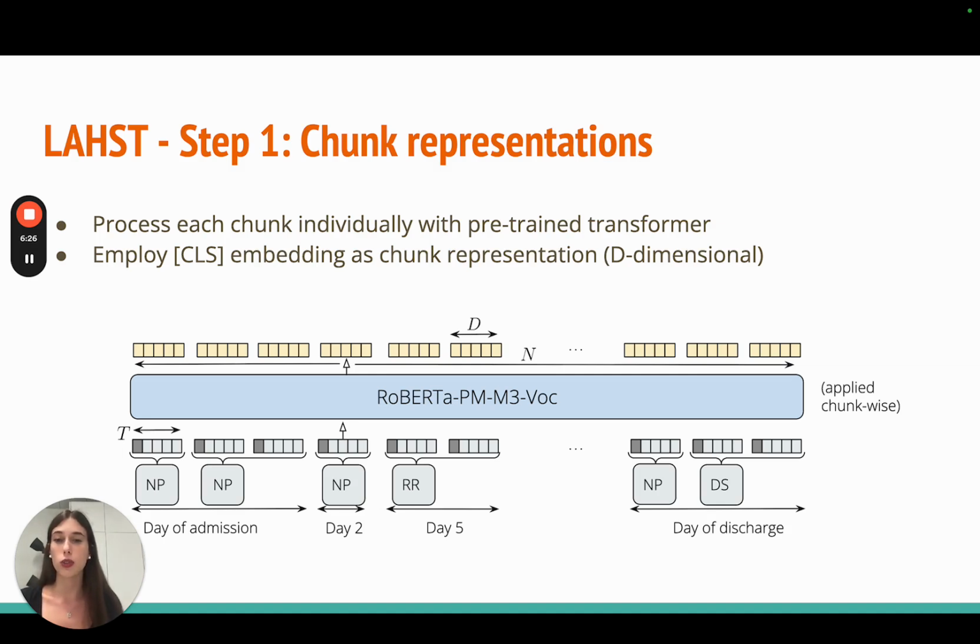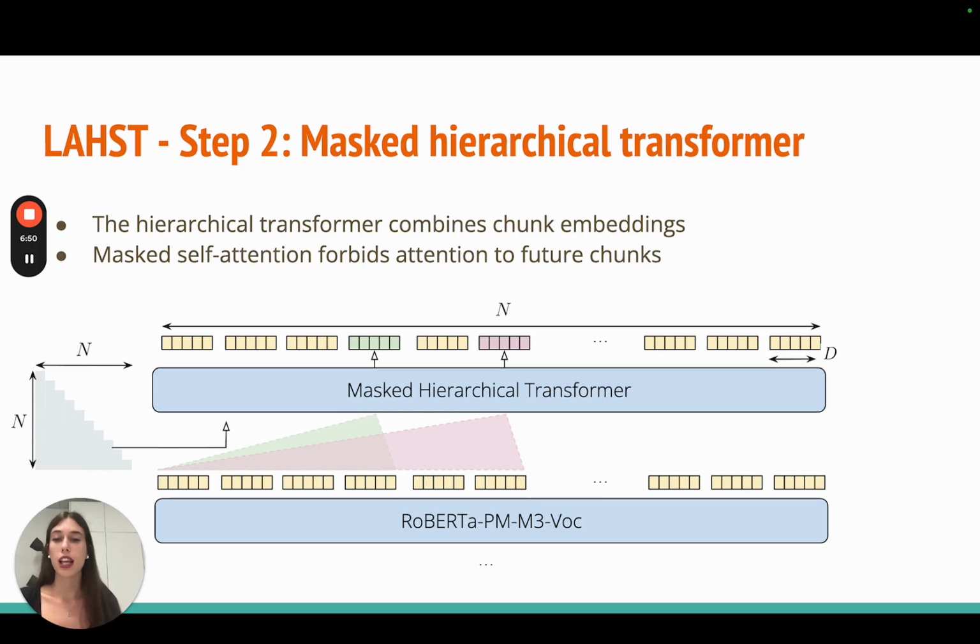Each of these nodes is split into chunks of equal size t, which will be 512, and then the CLS embedding is taken as a representation of the entire chunk and is fed into a pre-trained transformer to obtain the chunk representations.